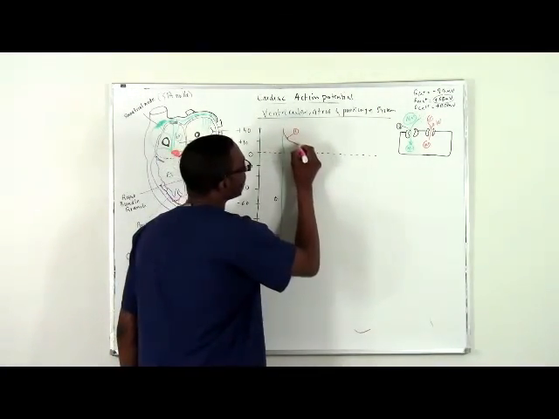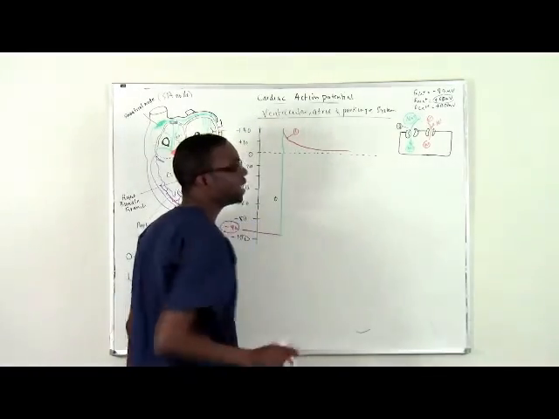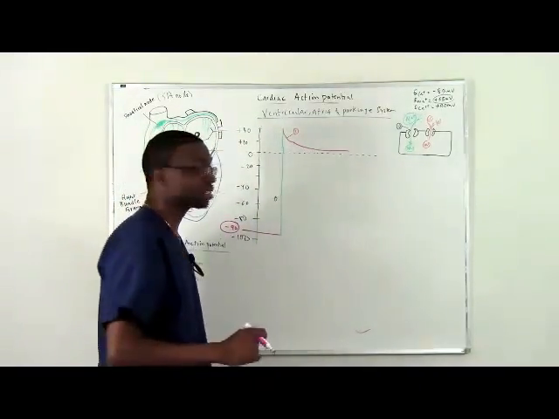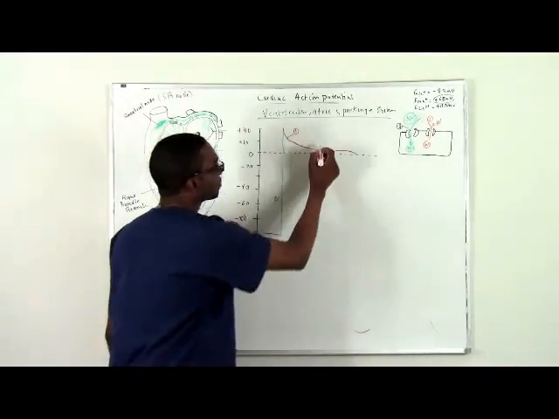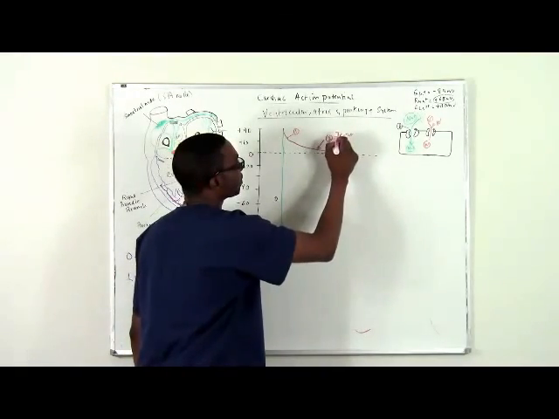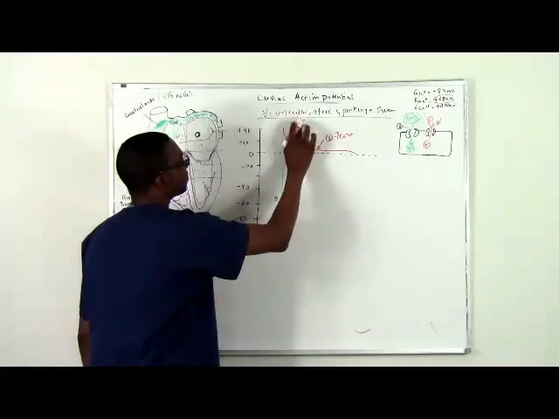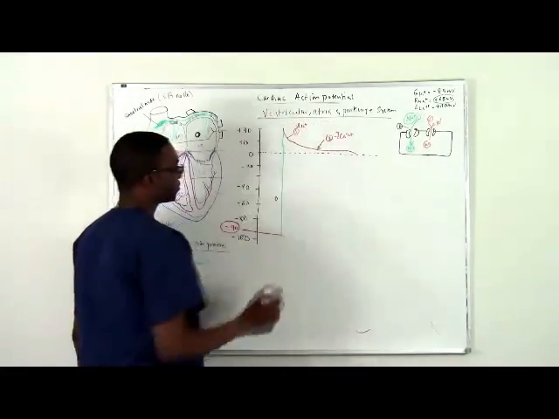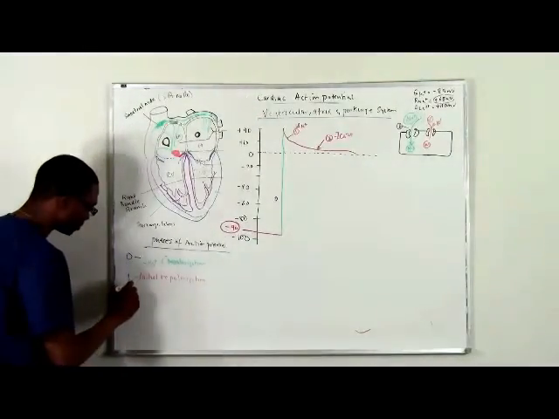Calcium is going to flow into the ventricles. When calcium flows into the ventricles, you get this plateau graph. That is known as phase 2: calcium influx, balanced by efflux of potassium. That is known as the plateau phase.